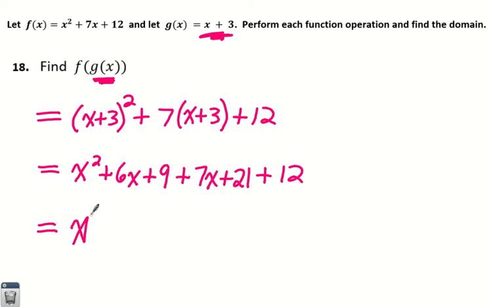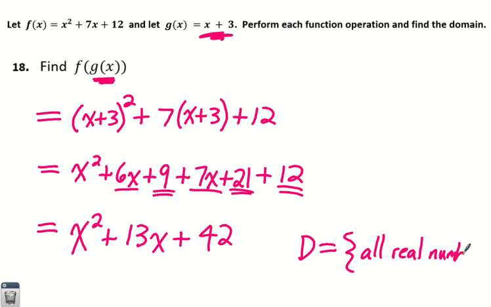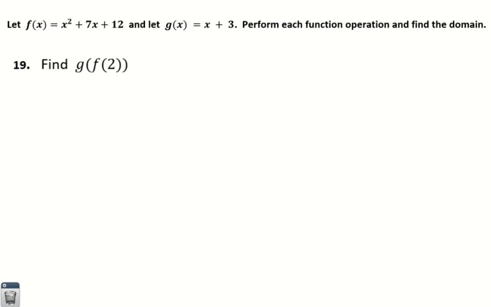So there's nothing that'll combine with that, but that's going to make 13x, and that should make 42 as the final answer for f of g of x. And for this domain, there are no denominators, so there's no reason why you wouldn't be able to use all real numbers for your domain.